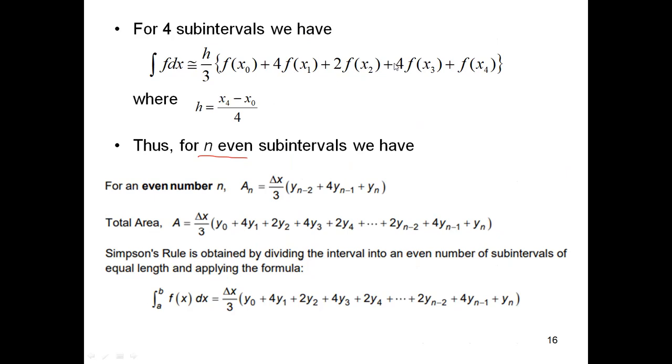So you don't have any division of 3, 5, 7, 9. Those odd number of divisions, we don't have that. In Simpsons rule, it's only even divisions. Okay? So first and last terms do not have a multiplier. Second and second to the last terms have 4. In the middle, we have 2. So you just alternate 4, 2, 4, 2, 4, 2.